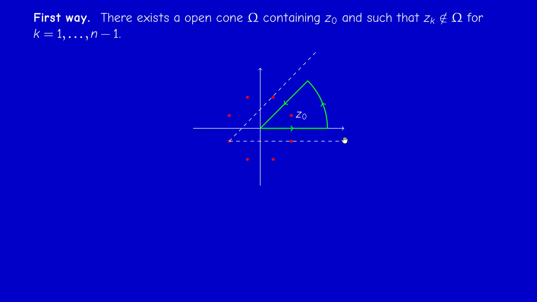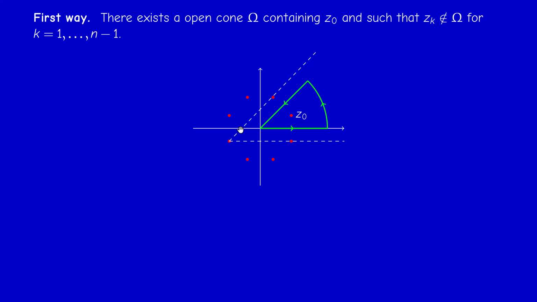So the biggest such possible region is this part between these two half lines. This is what we call a cone. So omega is this region between the dashed lines, and it contains, of course, the loop CR. It doesn't contain any of the remaining roots because these are at the boundary.